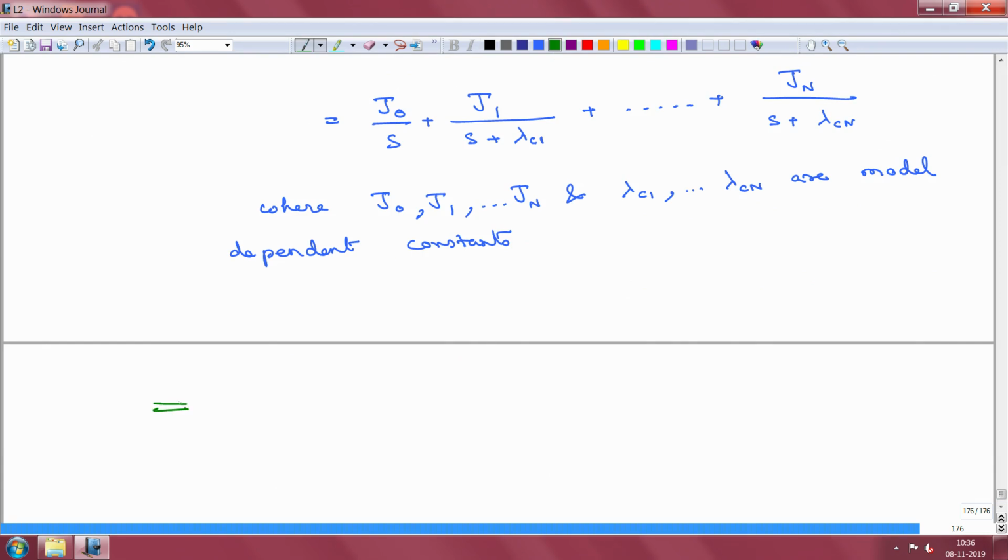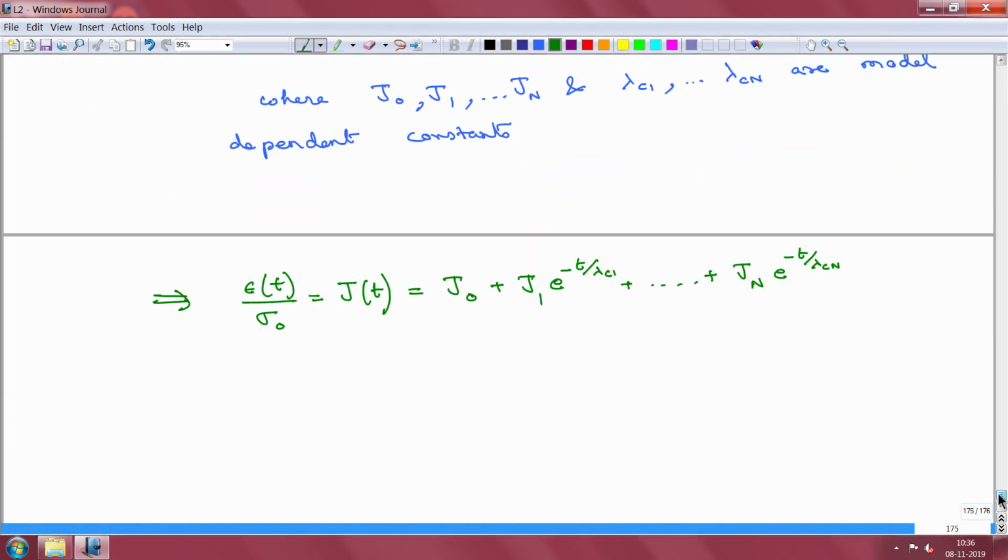So, your epsilon t by sigma naught, which is the same as the creep compliance function, is now going to be some J naught plus J1 e to the power minus t by lambda C1 plus and all the way up to Jn e to the power minus t by lambda Cn.